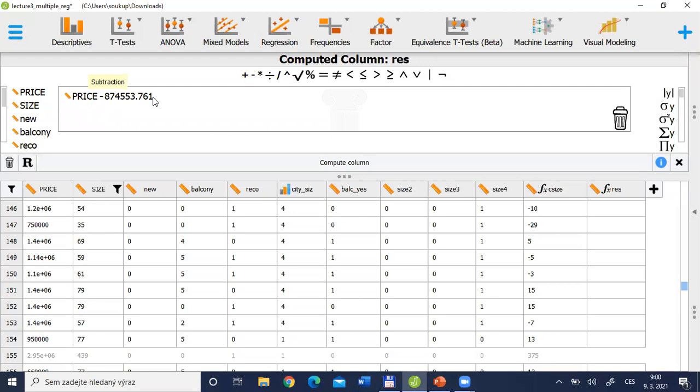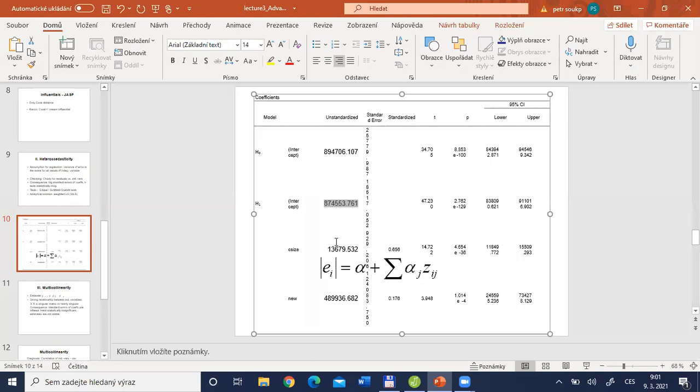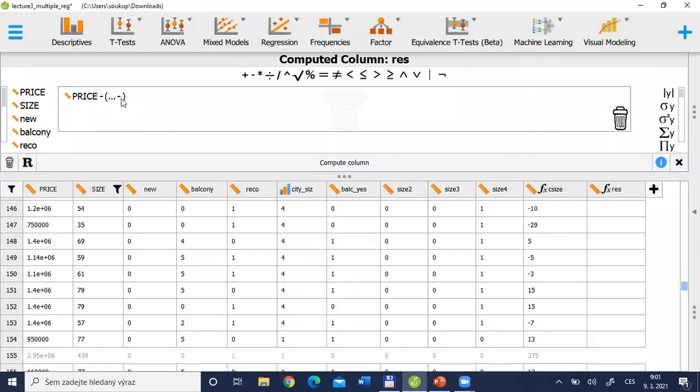So that's the constant subtracted from the original price. Then I would take, once again, minus, as I need to subtract also the size value multiplied by size.